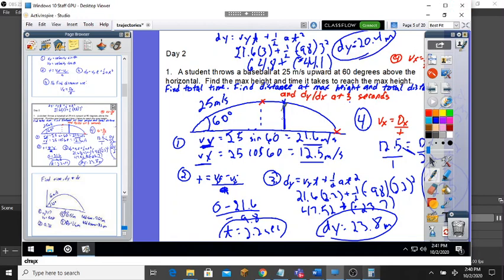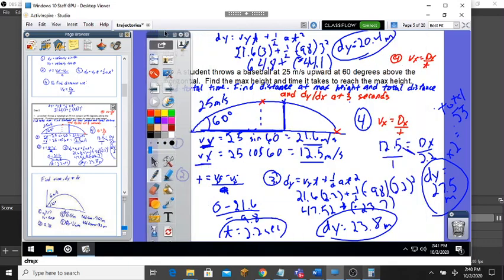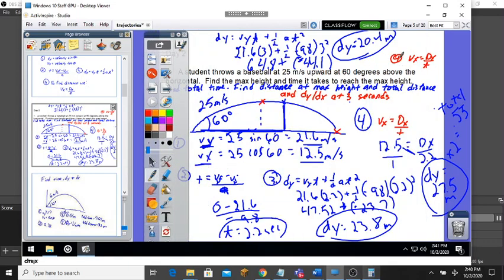And if we want to find the distance from here to here, this is like a super short problem, because we're going to use Vx 12.5, which is there. Dx equals, we're just replacing the time, right? The time, it's at 3 seconds.